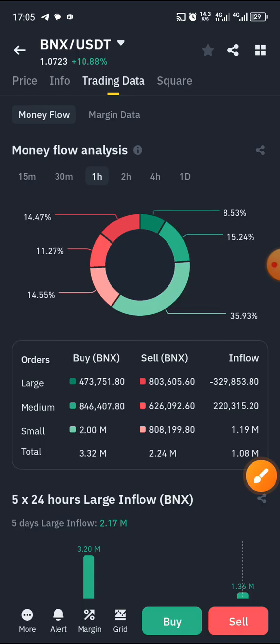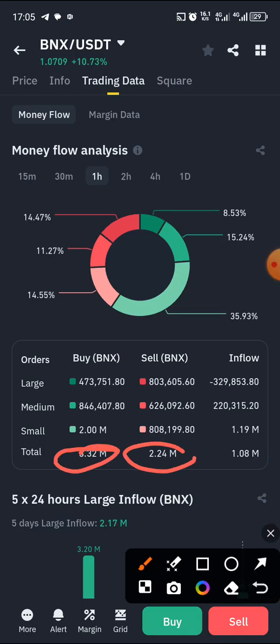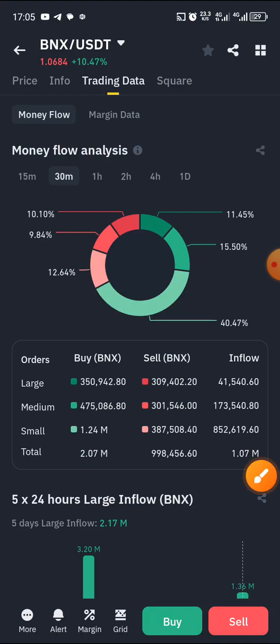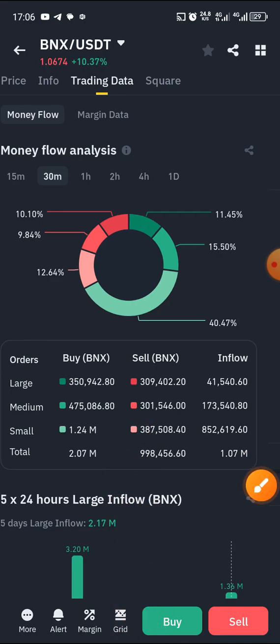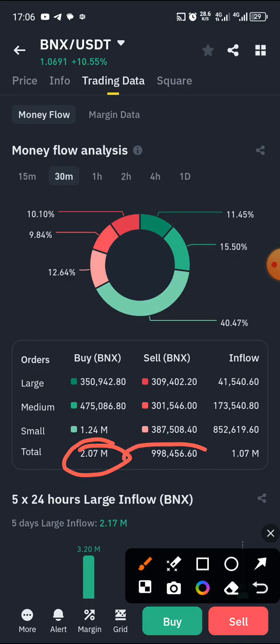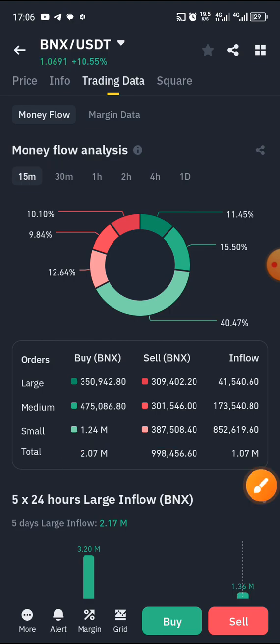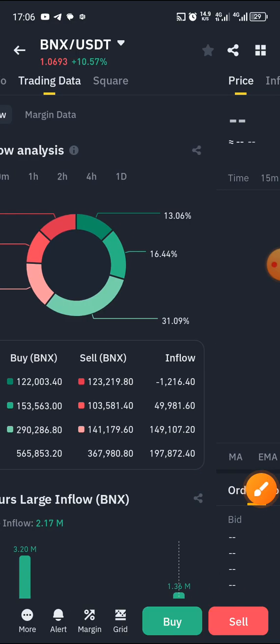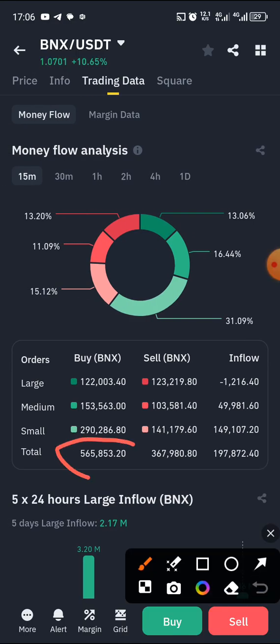When you go to 1 hour, still it is the same. When you go to 30 minutes, the buyers are more than the sellers. And in the 15 minutes time frame, still the buyers are more than the sellers.